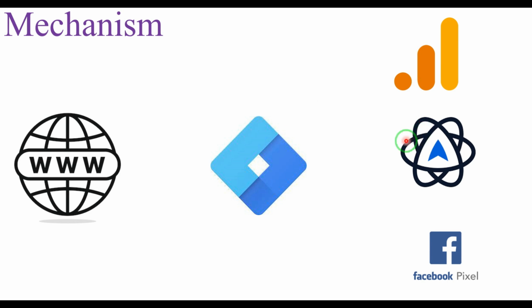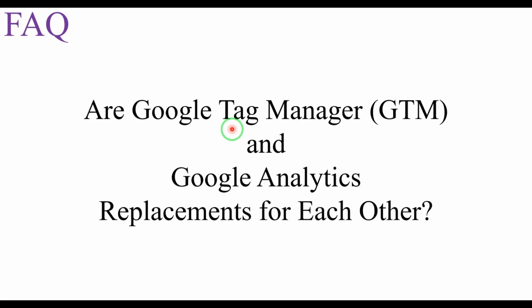So let's answer two questions about Google Tag Manager and Google Analytics in order to understand the whole differences between these two tools. The first question is: are Google Tag Manager and Google Analytics replacements for each other? Now you can answer this question. Absolutely no. Google Tag Manager and Google Analytics are not replacements for each other.